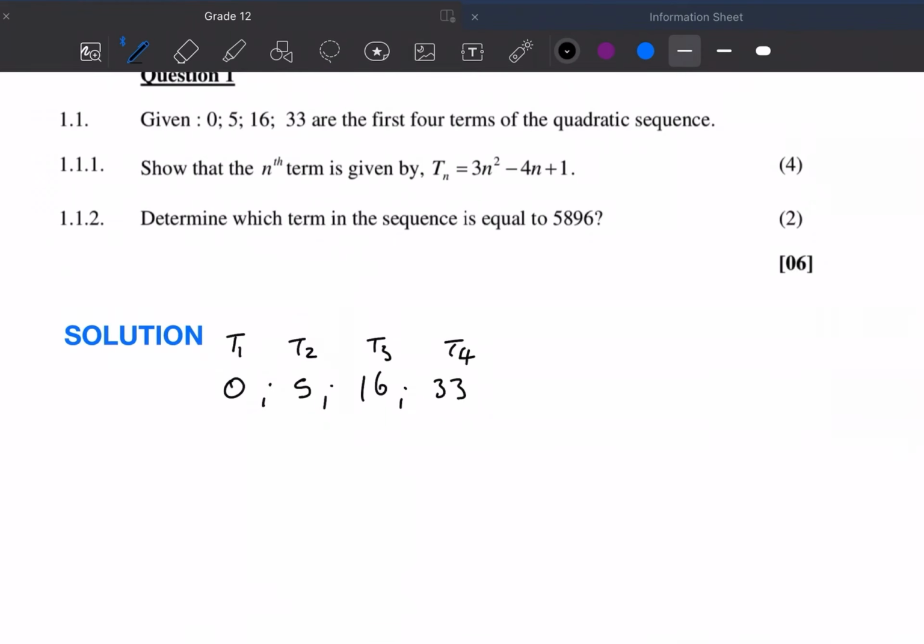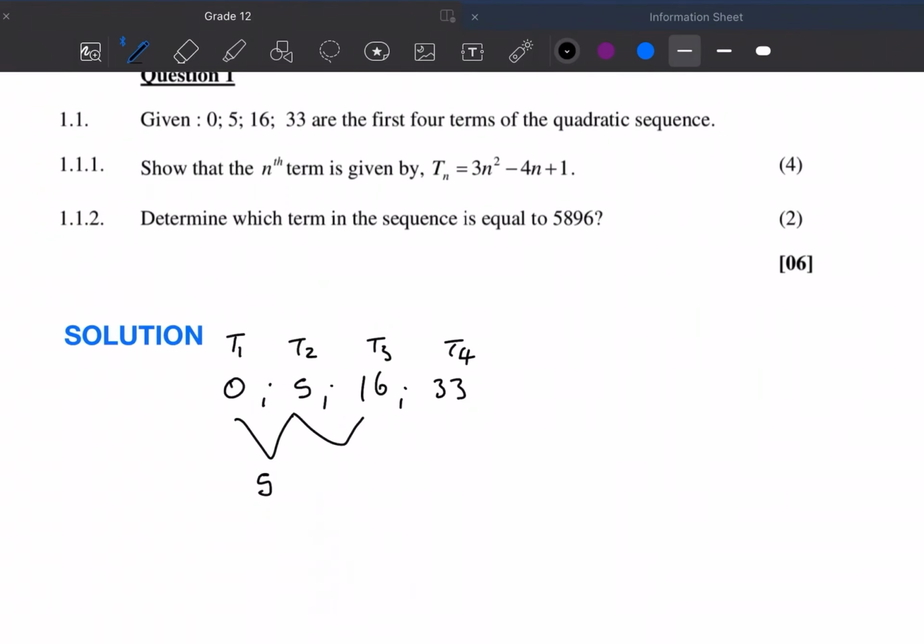What you need to know with a quadratic sequence is that you need to find two differences. First, the first difference: you take the second term minus the first term, which is 5 minus 0, that's 5, and the third term minus the second term.